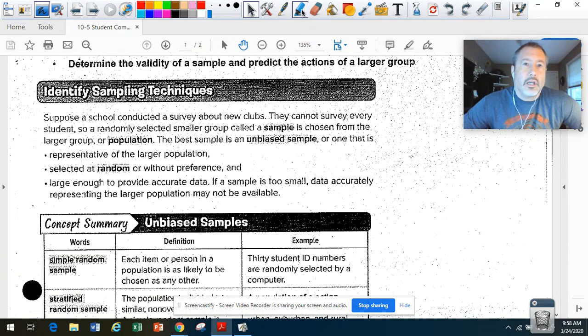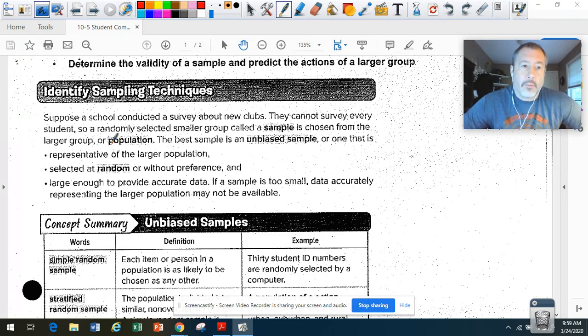It says, suppose a student conducted a survey about new clubs. They cannot survey every student, so a randomly selected smaller group called a sample is chosen from a larger group, or the population. If we were surveying all of Eden Hall, that would be our population.